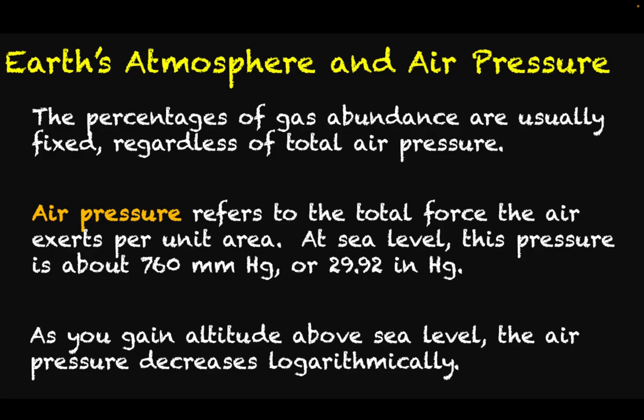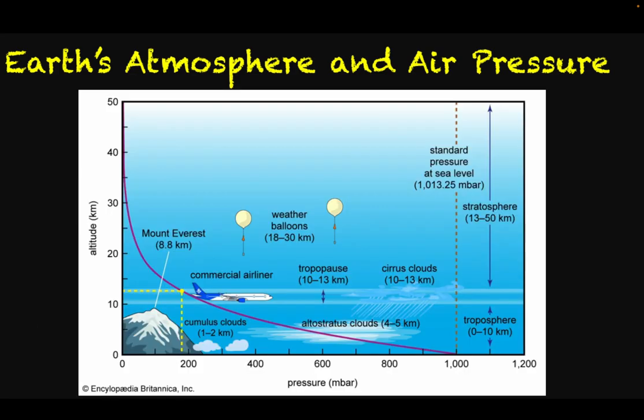What we saw back in chapter 3, when we were mentioning it offhand, is that as you gain altitude above sea level, the air pressure will decrease, and it will not decrease linearly, it decreases logarithmically. Here you can see a graph showing the relationship between altitude and air pressure.